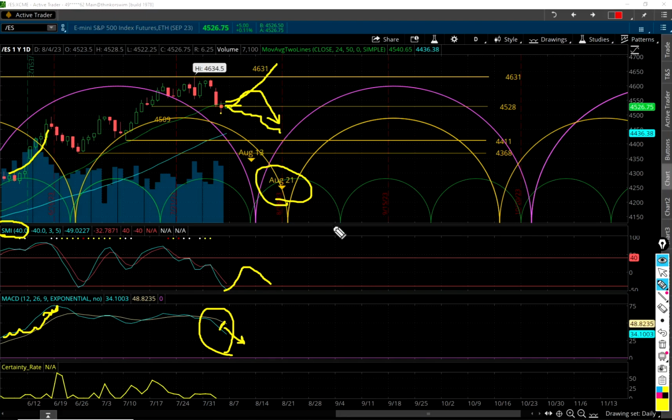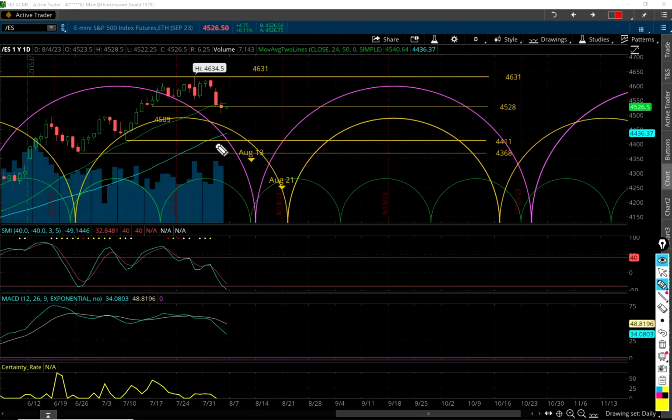I don't see some big, huge bounce and some bullish occurrence happen. Yes, we might get a bounce up in here. It could happen, but I don't think it's sustainable, and I think the price is going to continue to decline. So ultimately, what I think is the 50-day moving average is doable. Now it's rising, right? This is the blue line. Right now it's 44.36, but I don't think it's going to stay there.